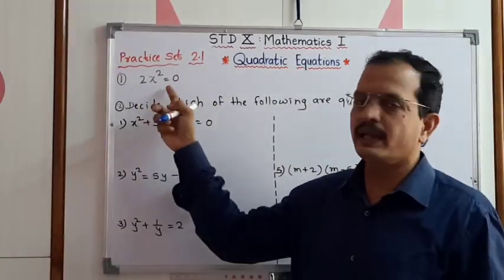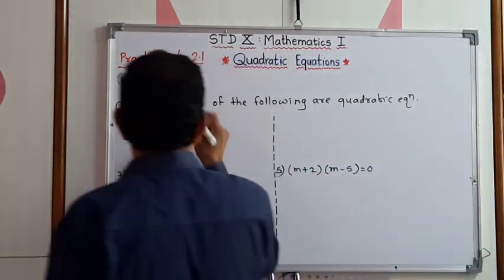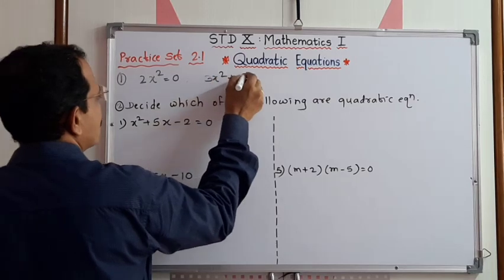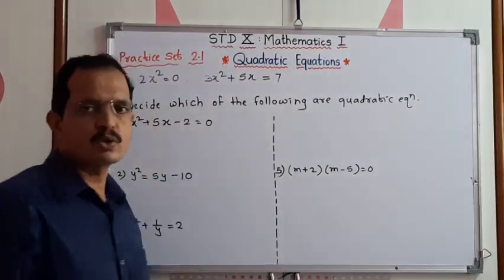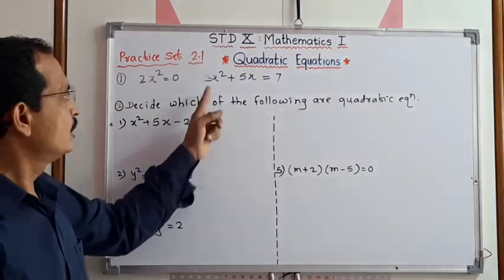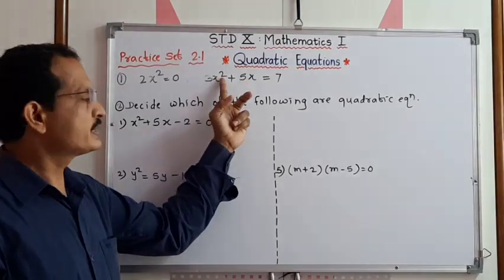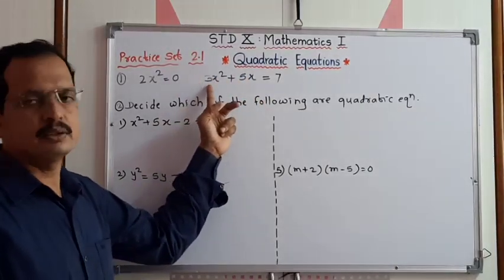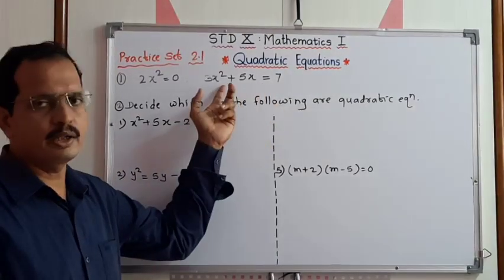In this case, b and c are 0, therefore it is a quadratic equation. Second, we can write 3x square plus 5x equal to 7. This is also a quadratic equation. Here the variable is x, maximum index is 2 and a is 3. It is not equal to 0, therefore it is a quadratic equation.